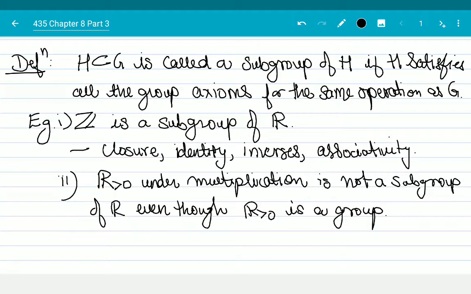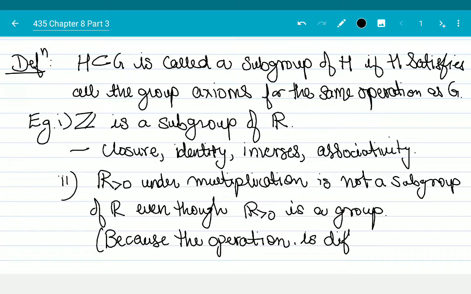That is because the operation is different. Okay?